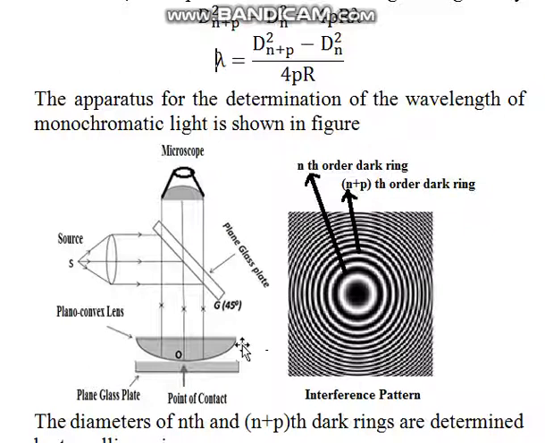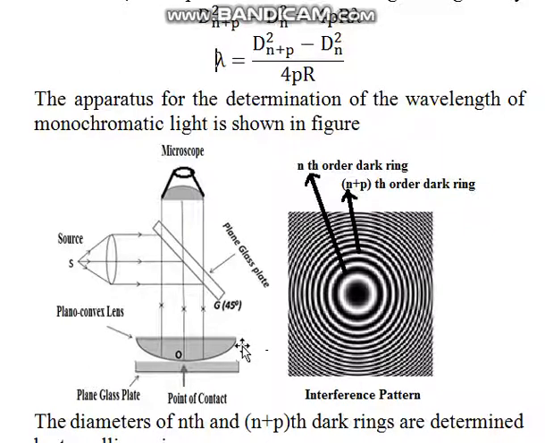First we focus the eyepiece of the microscope on its crosswire, and then we obtain the Newton's rings in the field of view by raising or lowering the microscope with the help of its screw arrangement. Now the lens is slightly displaced on the plate so as to obtain the center of the rings at the point of intersection of the crosswire.